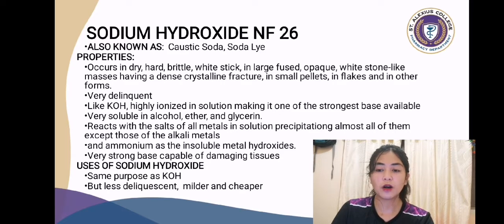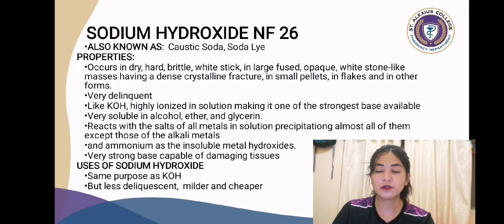It reacts with the salts of all metals in solution, precipitating almost all of them, except the alkali metals and ammonium, as the insoluble metal hydroxides. Also, sodium hydroxide is a strong base capable of damaging the tissues. In pharmaceutical aids, it is used for the same purpose as potassium hydroxide.